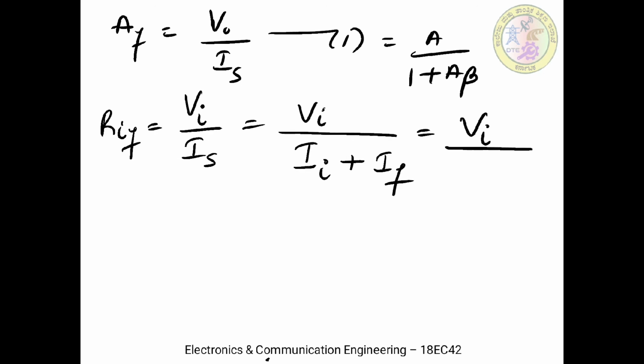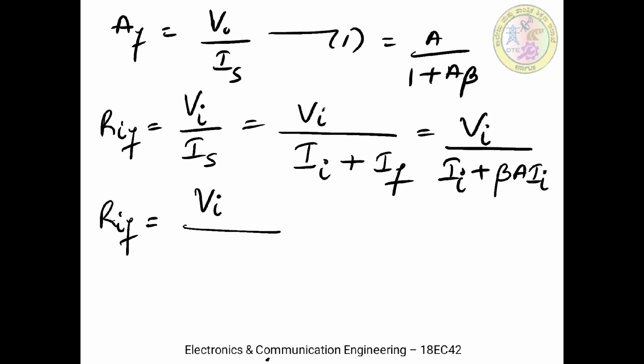So this RIF is given by VI divided by II plus IF, and IF is nothing but beta times A into the input current II. So RIF will be equal to VI by II into 1 plus A beta. But this ratio VI by II is nothing but RI.